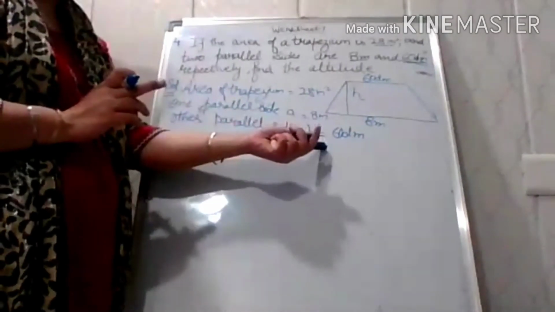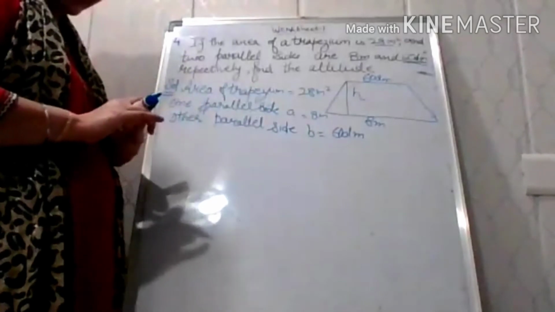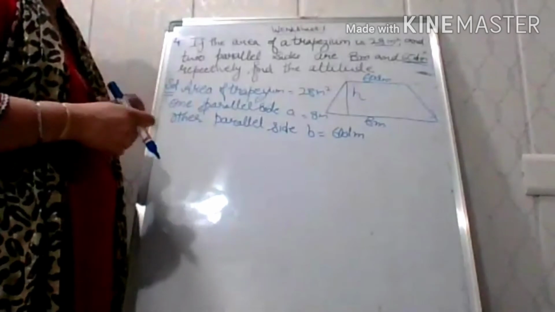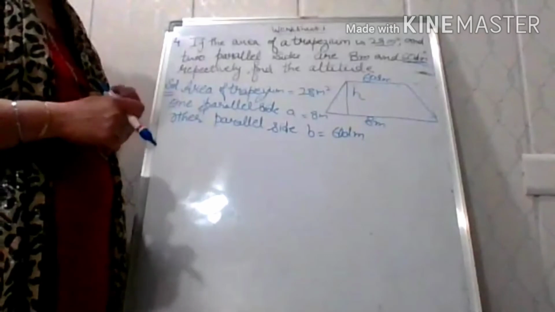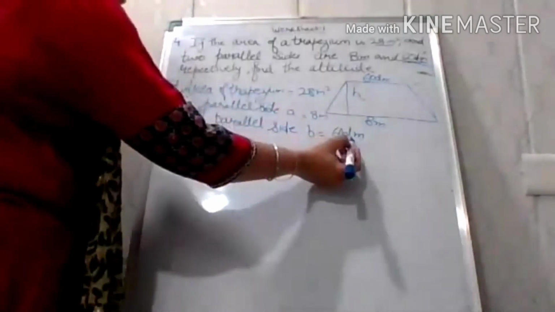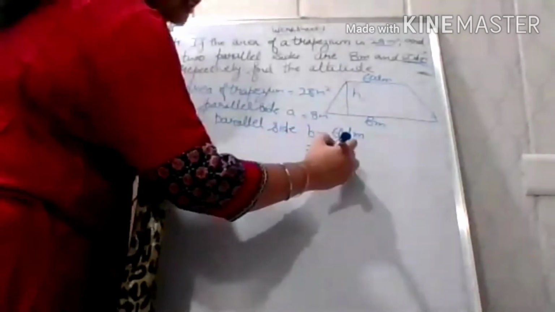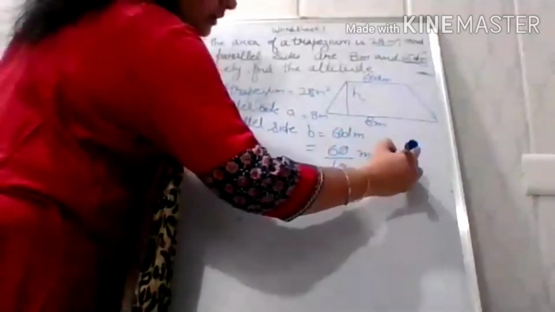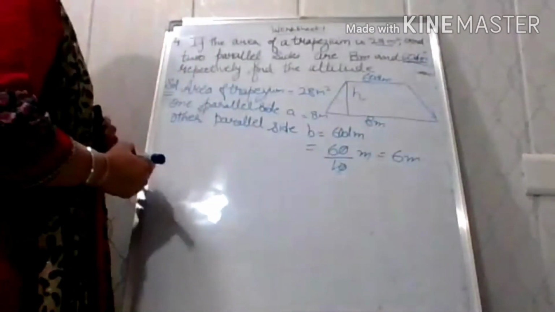Since decimeter is a smaller unit and meter is a bigger unit, as you have learned in your previous classes, according to that we are going to convert by the difference of 10. So when we convert a smaller unit into a bigger unit, we must divide by 10 and we get meters. So the other parallel side is 6 meter.